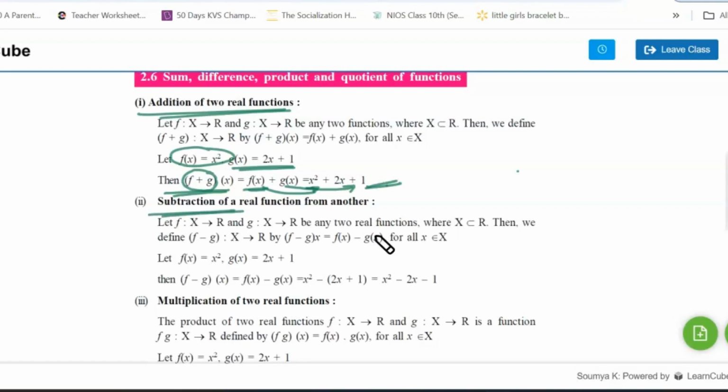Now coming to subtraction. Subtraction is the same process as addition. How you usually do subtraction or addition, the same method you have to follow. In this case, it is f minus g of x, so you have to find f of x minus g of x. This symbol is negative or minus, and when it is applied individually to each of the terms, it changes their sign.